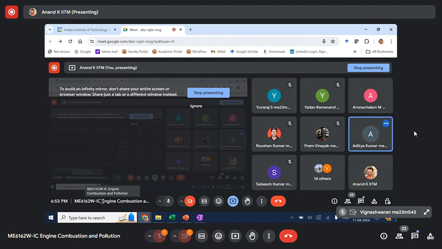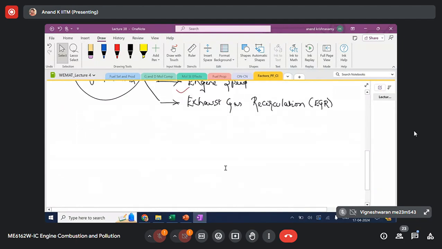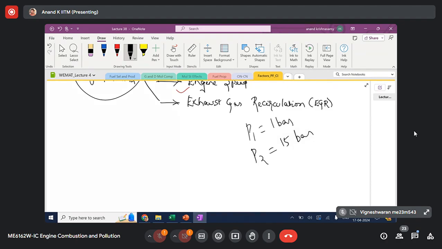Sir, if we have a compression ratio of 1:15, then 15 liters of air is compressed to 1 liter, so we should have 15 bar of air pressure in the chamber, right, sir? So you are saying that if initial pressure is 1 bar for a 15 compression ratio, P2 is 15 bar. This is what you are saying? Compression ratio is 15. Yes, sir.